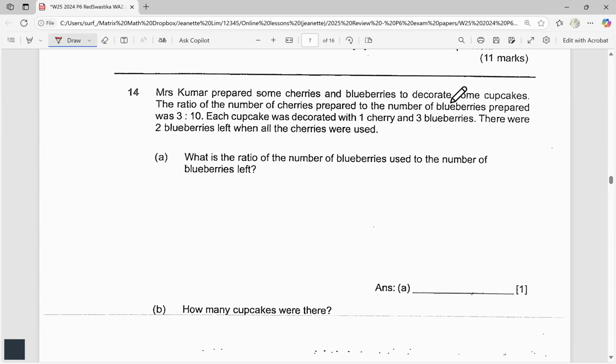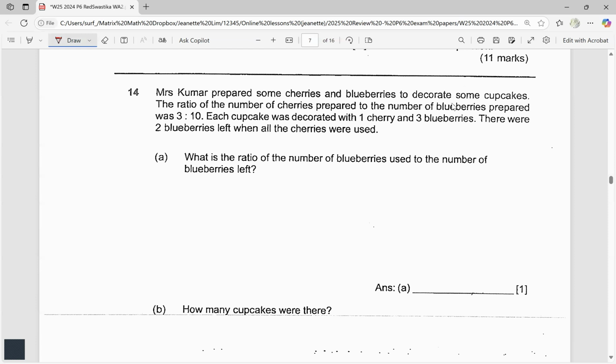Now, let's use ratio. Okay, firstly, what is the ratio of the number of cherries and blueberries used? The amount that is used will follow what you put on each cupcake.